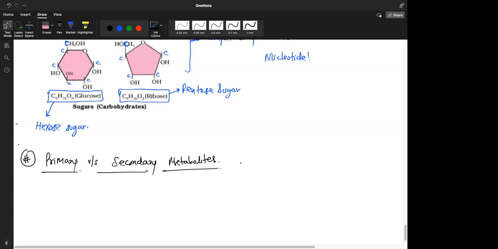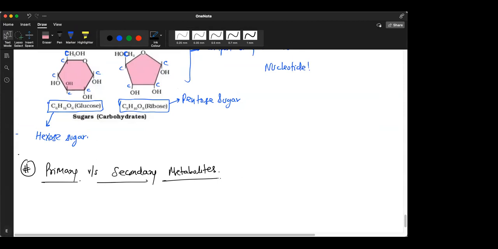So they are present mostly outside the animal system, in plant, fungi, and microbial systems, and are known as secondary metabolites.